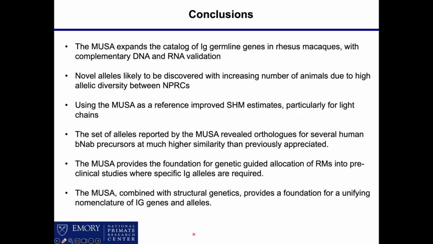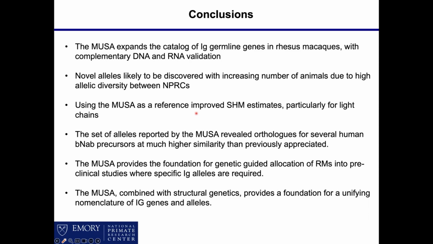The MUSA expands this catalog of immunoglobulin germline genes. What's important to note is that we've done this focusing on alleles where we have both DNA and RNA evidence. We have discovered a number of alleles that are closer to the human genes for some of these biomedically important V genes, and increasing our sequencing to centers beyond what we've done currently is likely to find more of these.